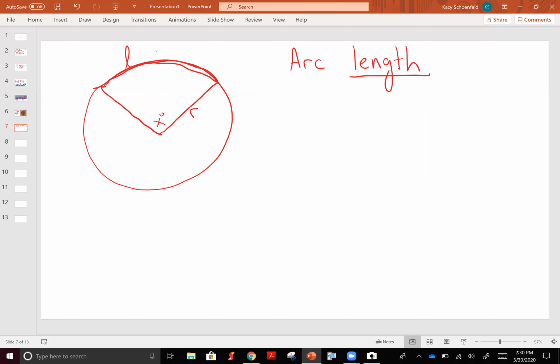How I want you to think about it is that we are finding a piece of the circumference. We're going to find a certain percentage of the circumference. The circumference is the linear measurement around the entire outside of the circle.